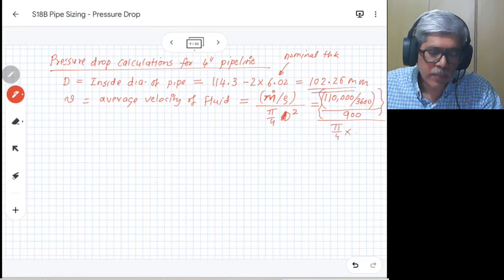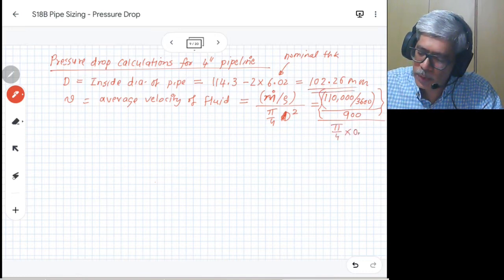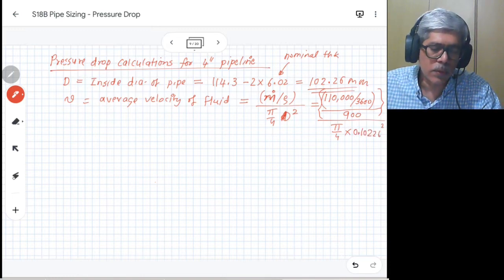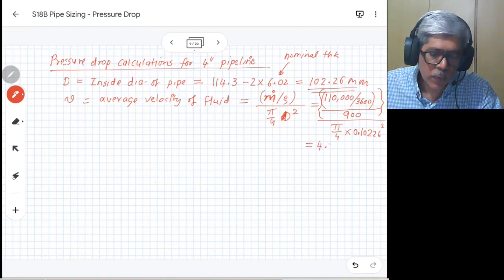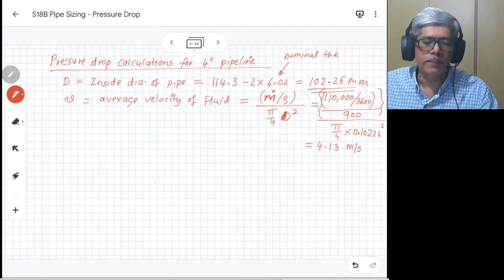So I'm considering that in meters. So it becomes 0.10226 the whole square. So this gives us the velocity as 4.13 meter per second.